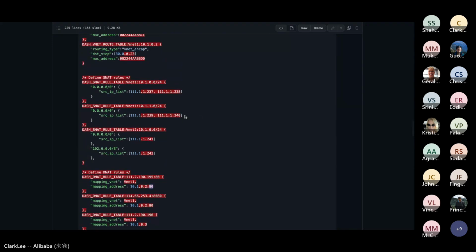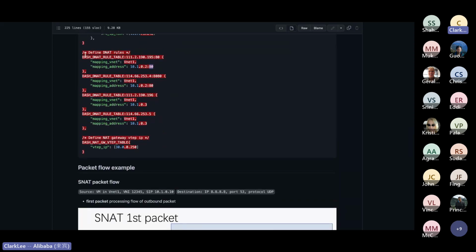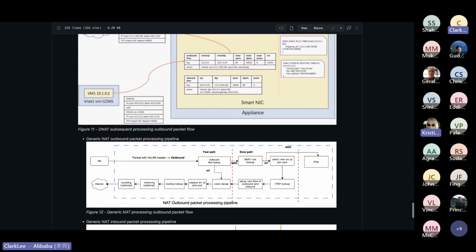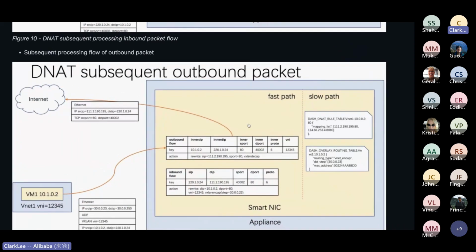Another change I want to mention is that I changed the DNet rule format, so it's easier for you to understand how the DNet goes. For example, this part is for clarification. This one, right? Yeah, I saw that.